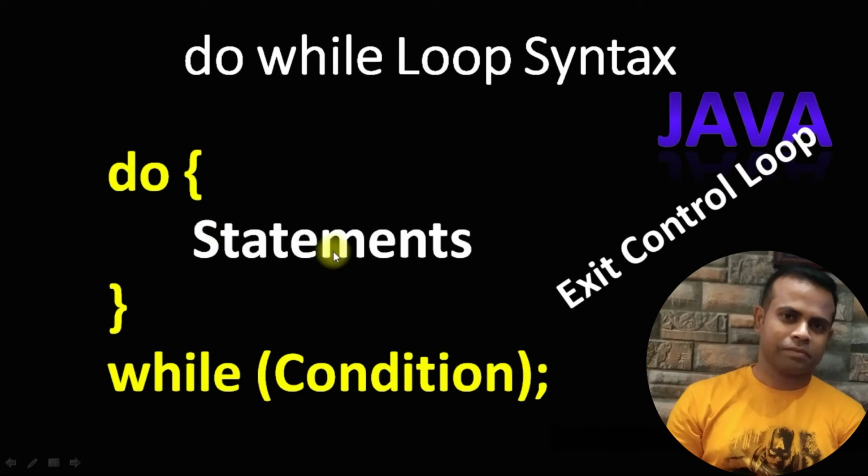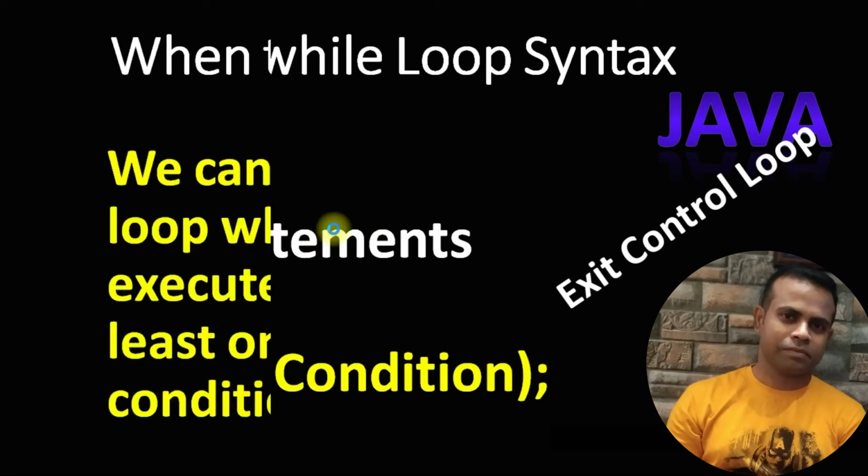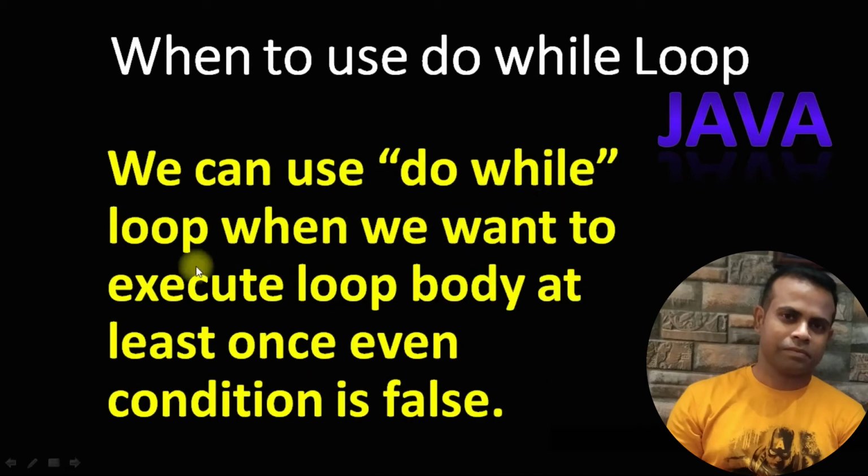It first says perform your operations, do your business logic or your statement, then it will check the condition. So if your condition is true or false, in any situation, it first executes the first iteration. That means here it says that we can use do while loop if we want to execute our loop body at least once.